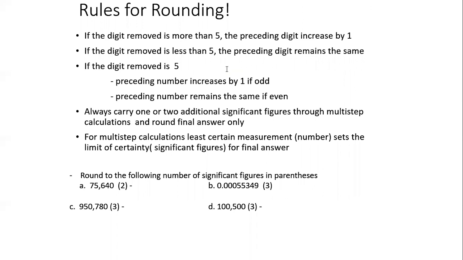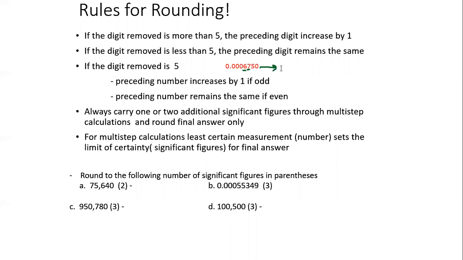So let's say, for example, we have 0.0006750. And we want to round this to two significant figures, the 6 and the 7. So after the 7 is a 5, so 50. It's exactly 5. So since 7 is odd, we increase it by 1.